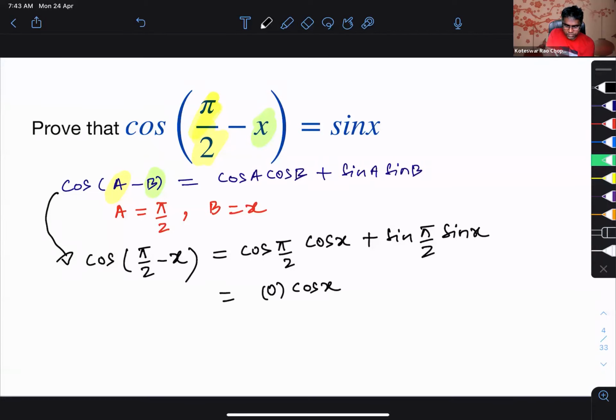So I think that will become a 0. Okay, so this first term will become 0. Plus sin pi by 2 is 1 multiplied by sin x. So you end up having 0 plus sin x. So which will give you sin x. Okay, so cos of pi by 2 minus x is sin x.